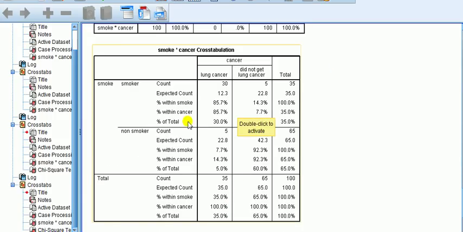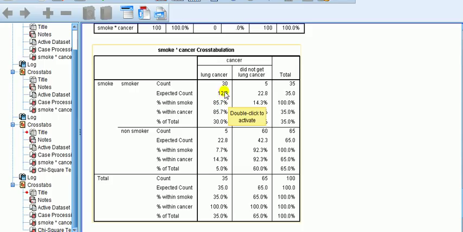Now look at this table of counts that we've seen previously. We've also got under each cell now the expected count. These expected counts are the theoretical numbers you would expect to see in the cell if the null was not true. If the null is true.